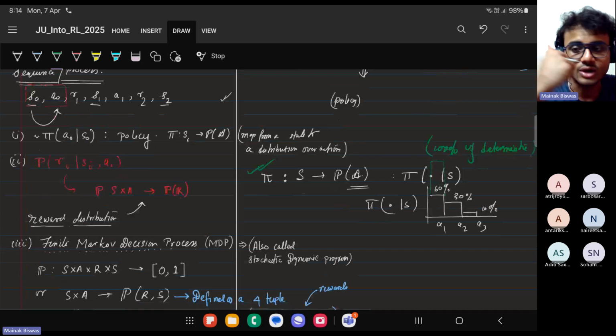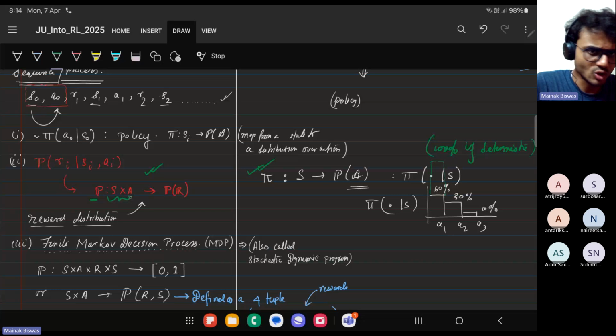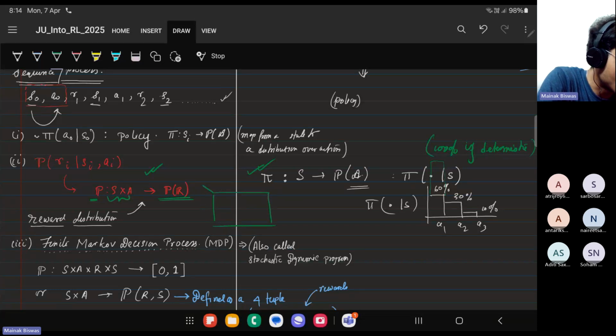Next, we have understood what a policy is. Now, the reward that the environment gives you is also based on a probability distribution. Say P is the probability distribution mapping from states and actions to a probability distribution over R. For every state, say state 1, state 2, state 3, and action 1, action 2, action k, for every element in this matrix there will be a value.